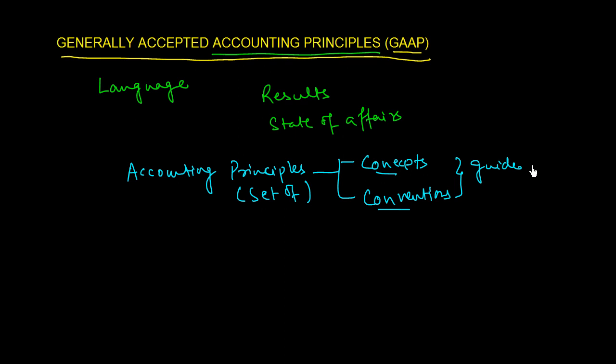Guide the process of accounting for what? To achieve its objectives. So accounting principles are nothing but a set of concepts and conventions which guide the process of accounting to achieve its objectives. So what is the main objective of accountancy or accounting?